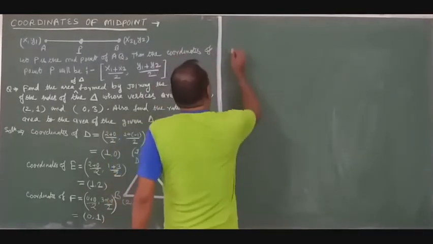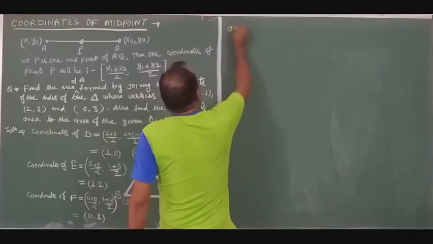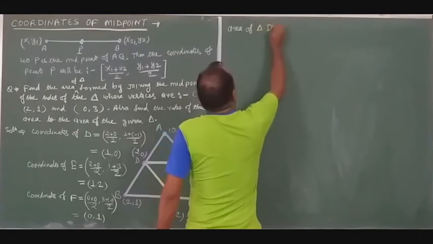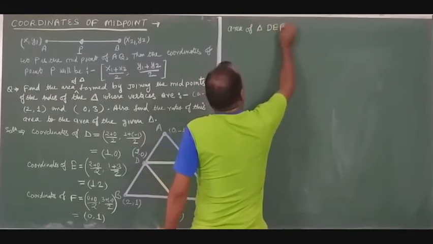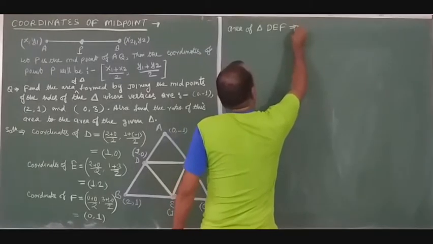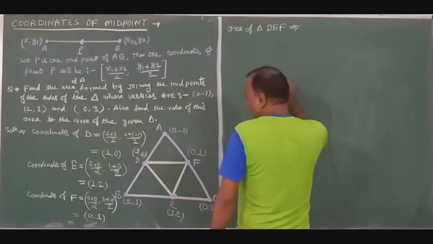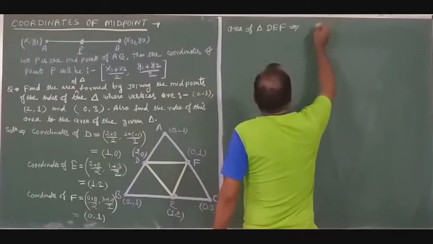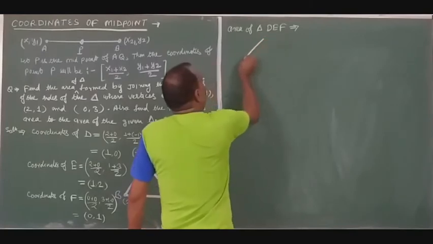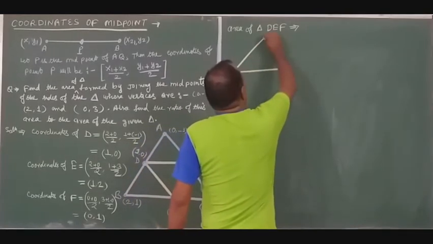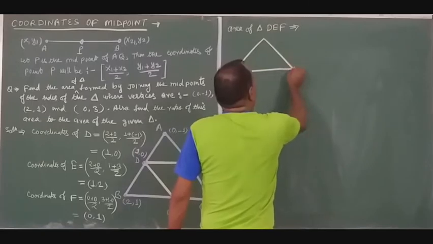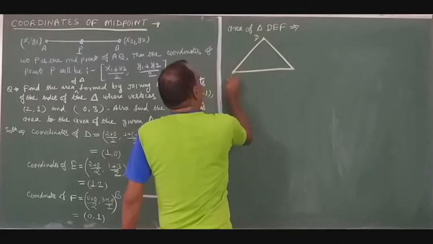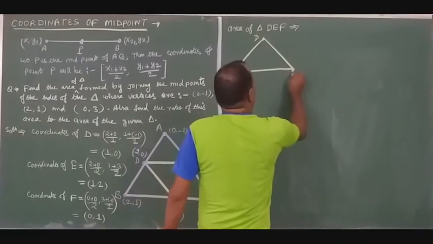Now, area of triangle DEF. Just look here. You can draw a triangle in a rough manner. Suppose this is D, this is E, and this is F.